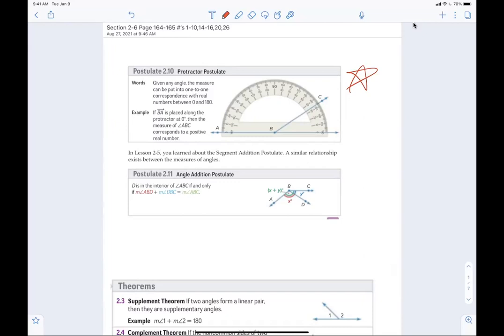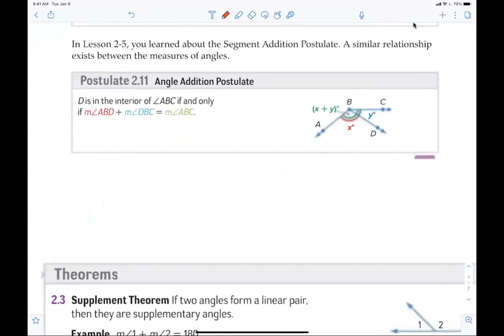Now, the next one that we use all the time is very similar to the what? Segment addition postulate. This is called the what? Angle addition postulate. So when you add two angles, the two parts equal the what? The whole. That's what some geometry books call it. The parts equal the whole.